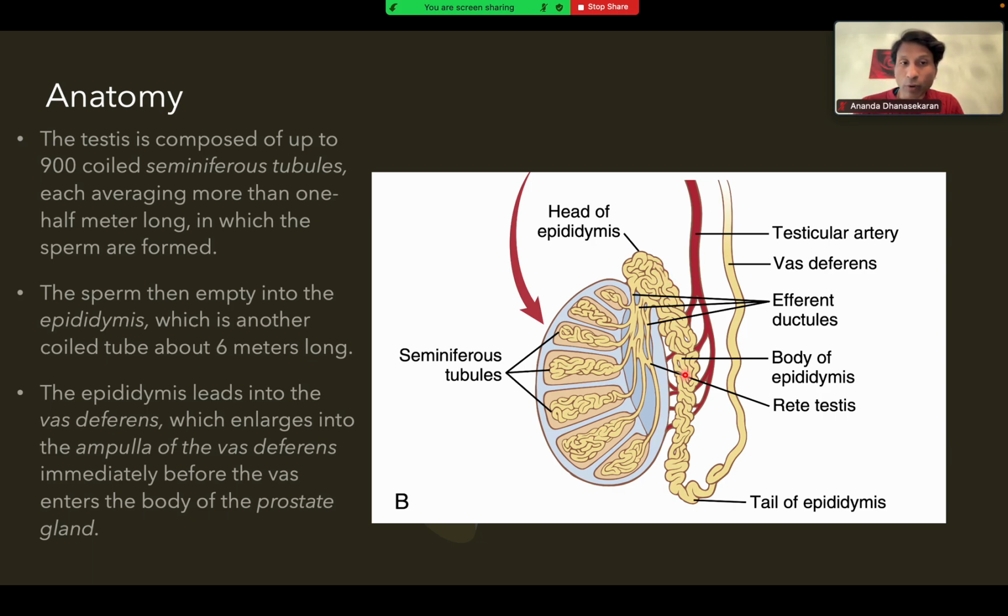Then we have the body of the epididymis, and then the tail of the epididymis, which continues as the vas deferens. The testes has a testicular artery which supplies blood both to the epididymis and the whole testes. The epididymis leads to the vas deferens, and the vas deferens enlarges into a place known as the ampulla before it enters the prostate gland. I will explain that with the next picture.